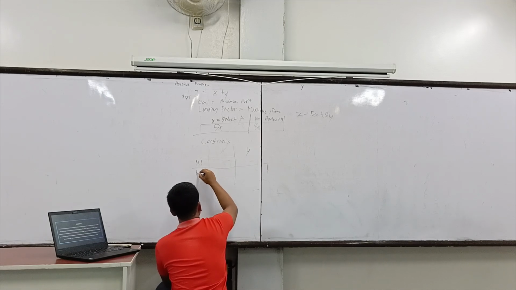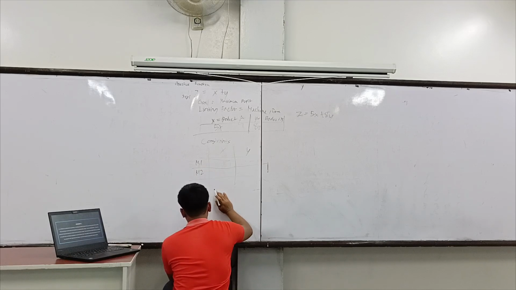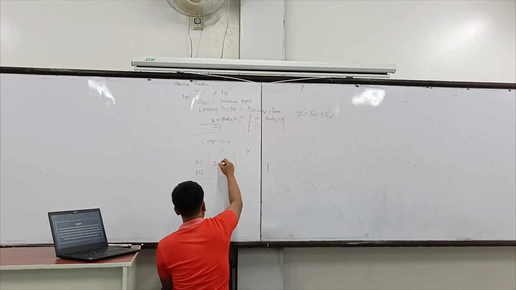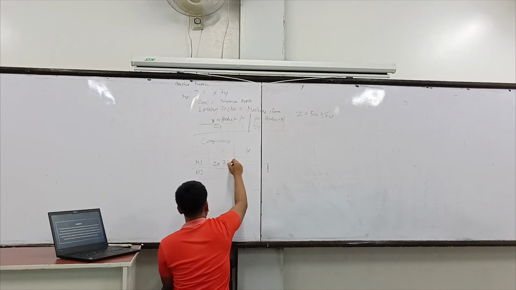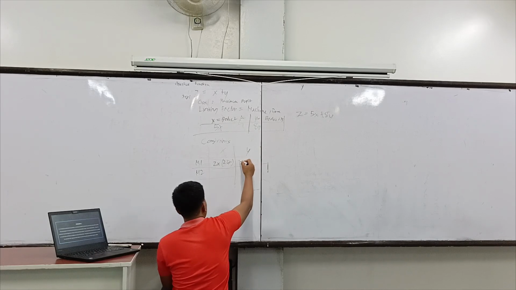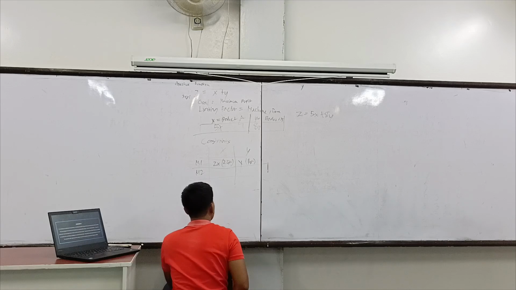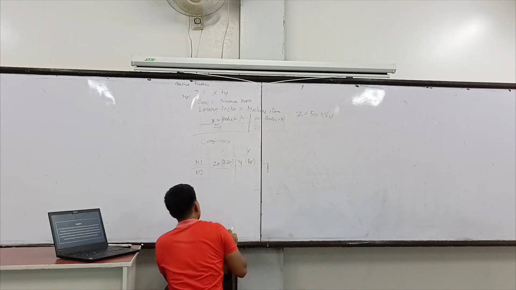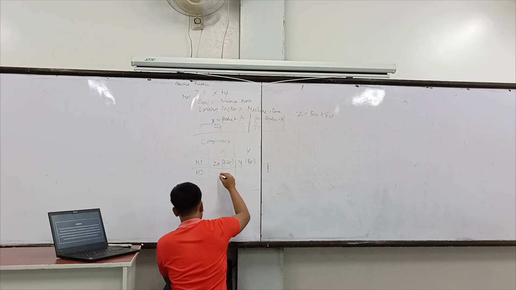M1, machine 1, machine 2. Nakalagay sa ating problem, machine 1 ng product A produces 2 hours. Lagyan natin 2x. And sa product B is Y, and nagpo-produce lang ng 1 hour. Lalagyan natin ng y. No need to write the 1 because they have an invisible value which is 1 already.